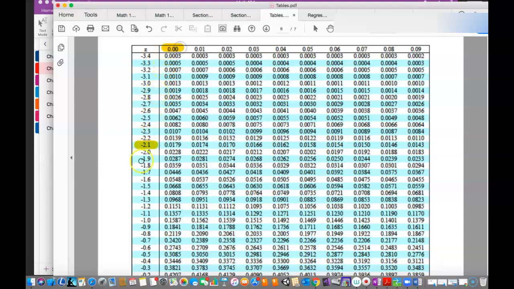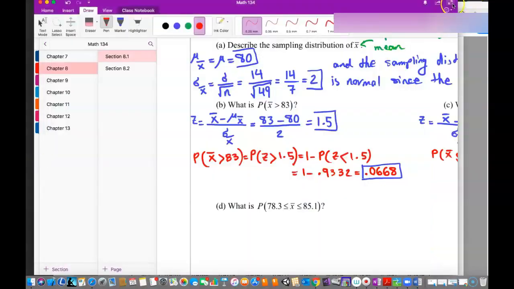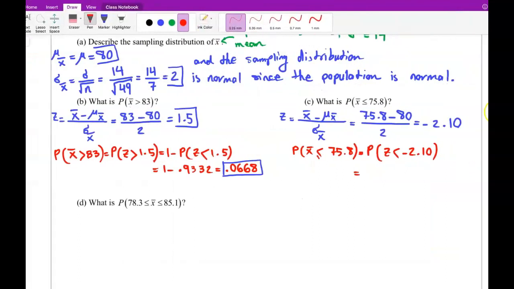Adding these two, we have negative 2.10. So what that means here in the body of the table, the answer is 0.0179. So the answer is 0.0179.